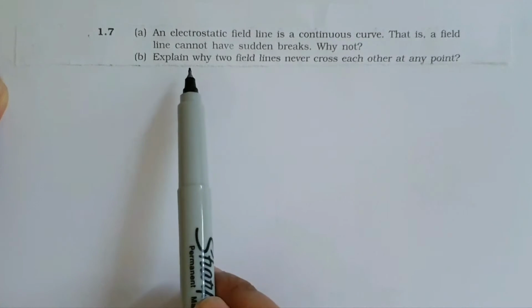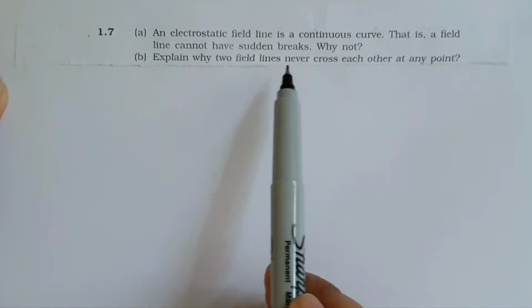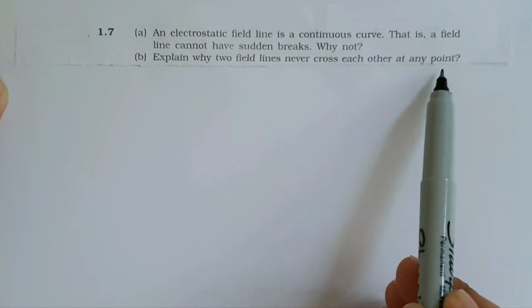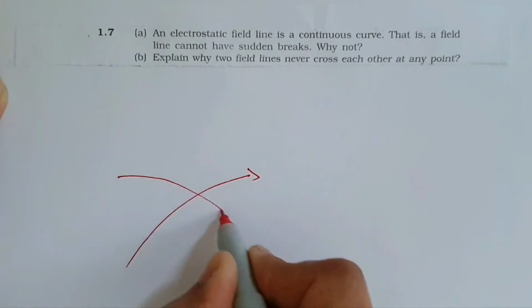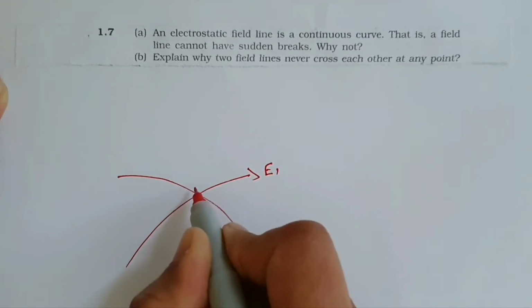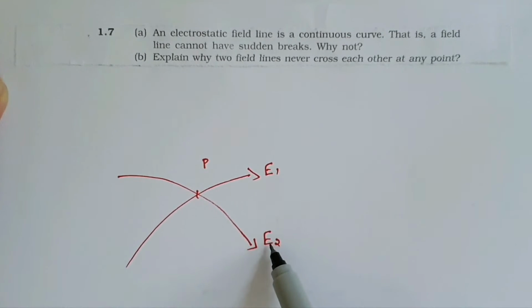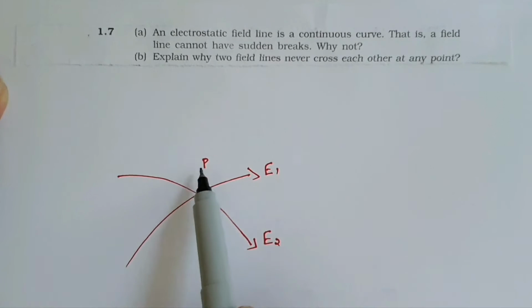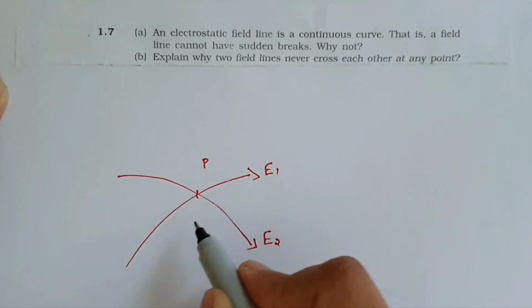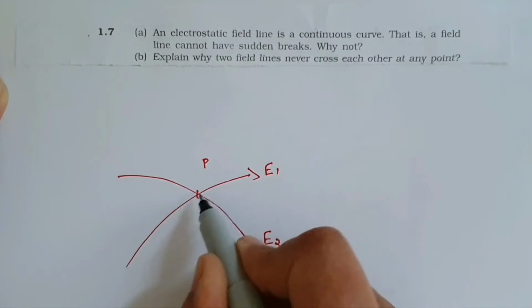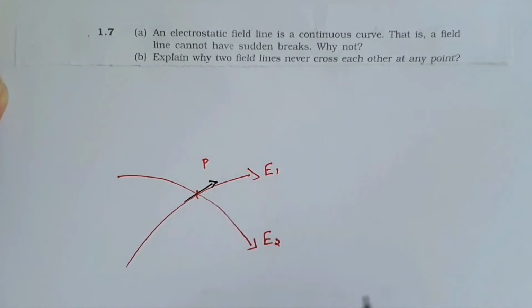Question 8. Explain why two field lines never cross each other at any point. Let E1 and E2 be two electric field lines. They intersect at B. Then a tangent drawn at this line shows the force experienced in this direction.